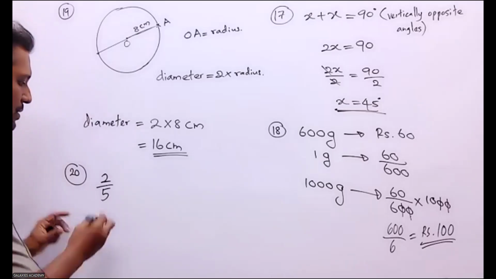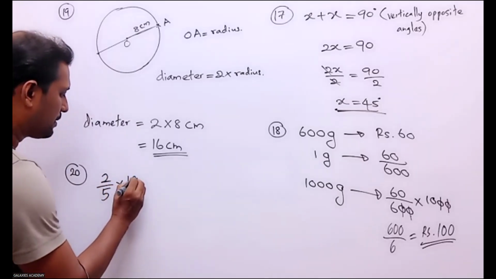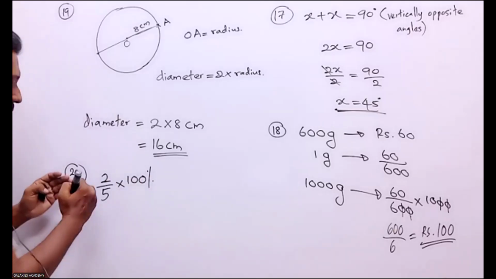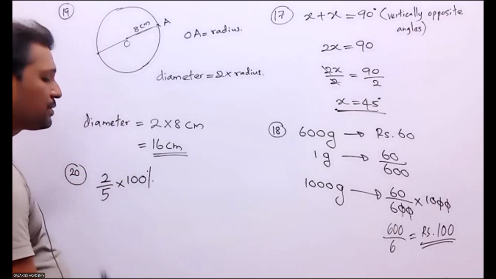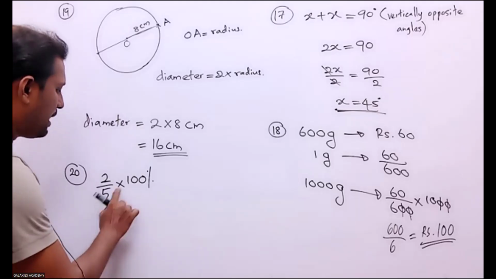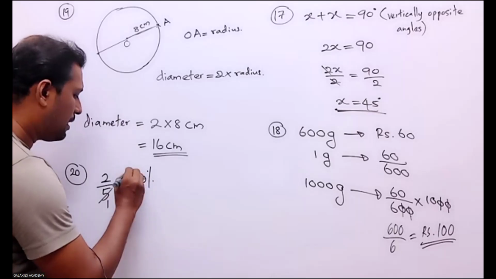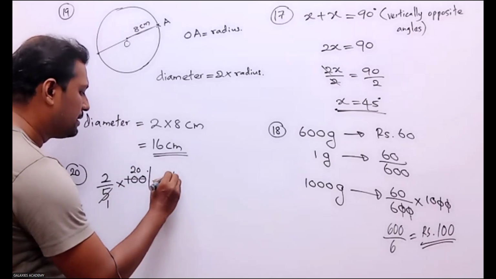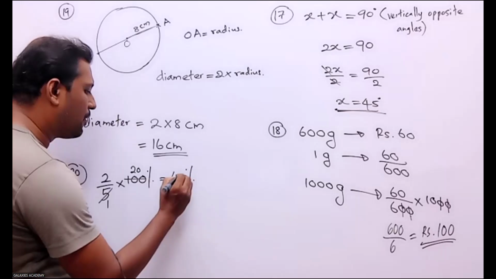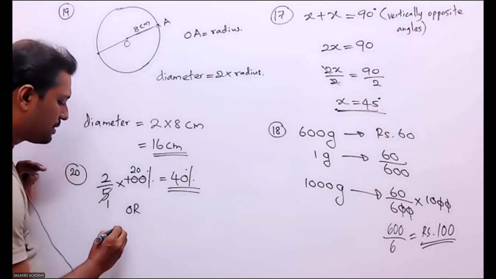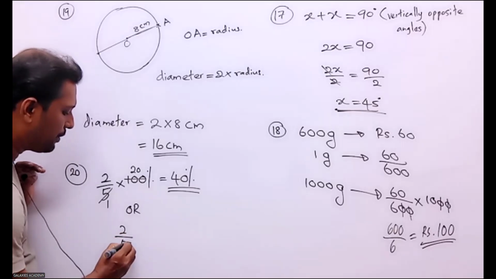There are two methods you can use. Then the numerator and denominator values you can simplify. 5 and 100, I can divide by 5. 100 divided by 5 is 20. So the answer is 40%. Another method I can use: 2 over 5.